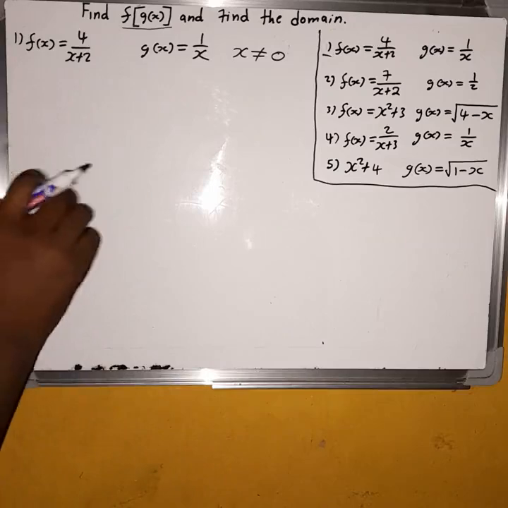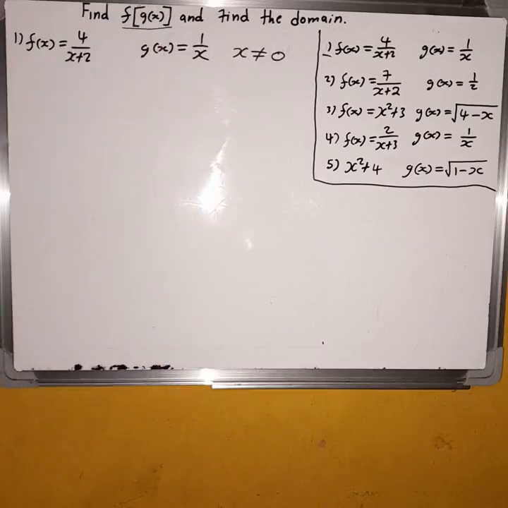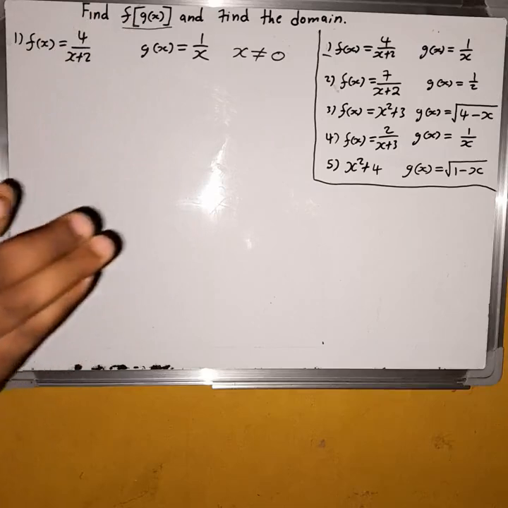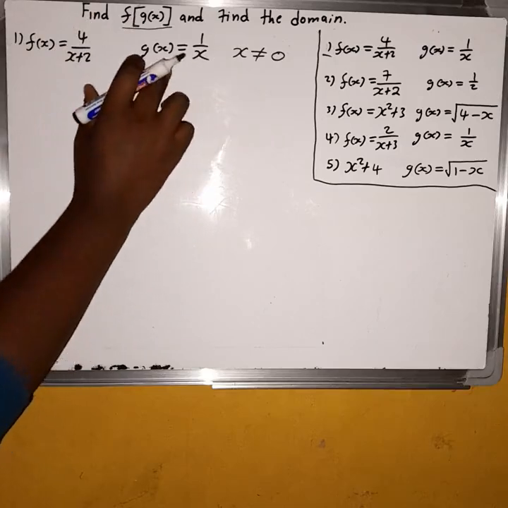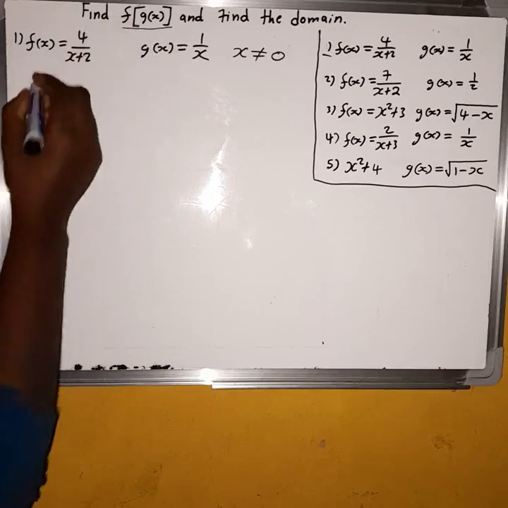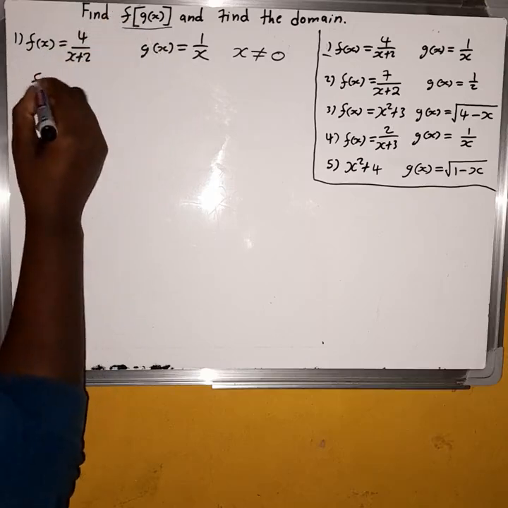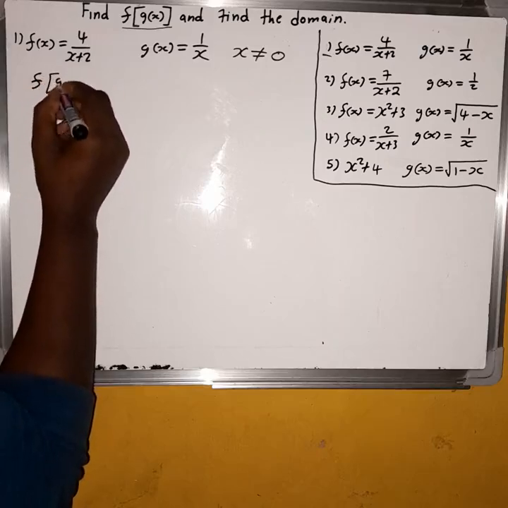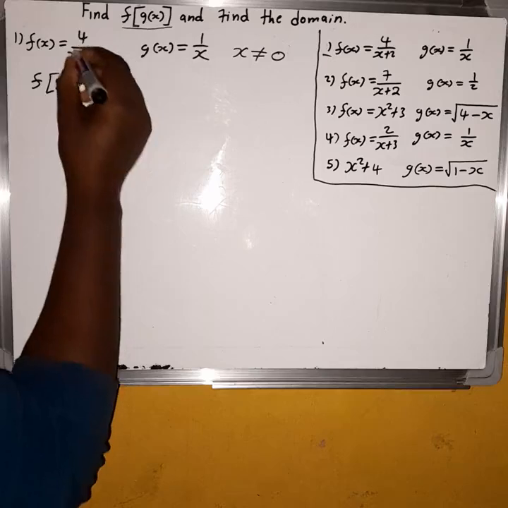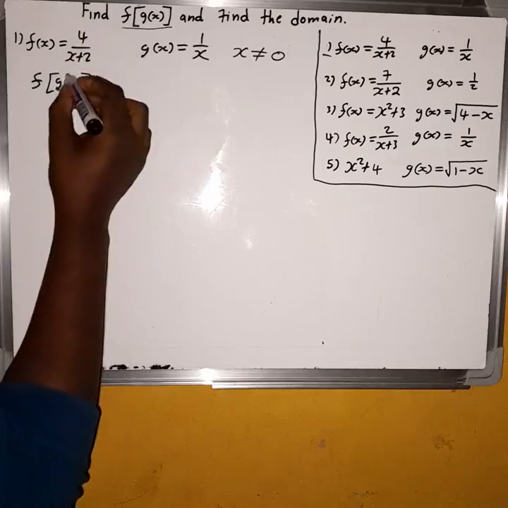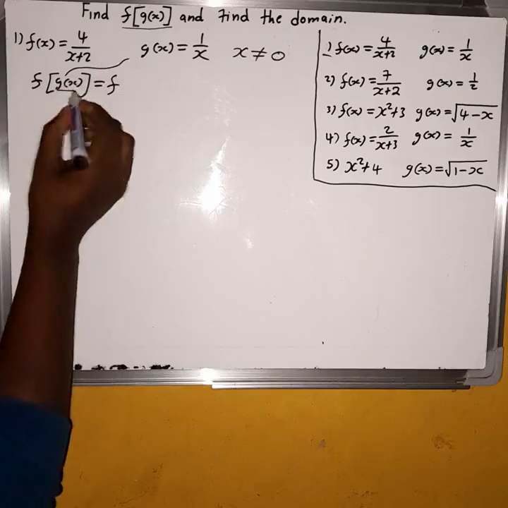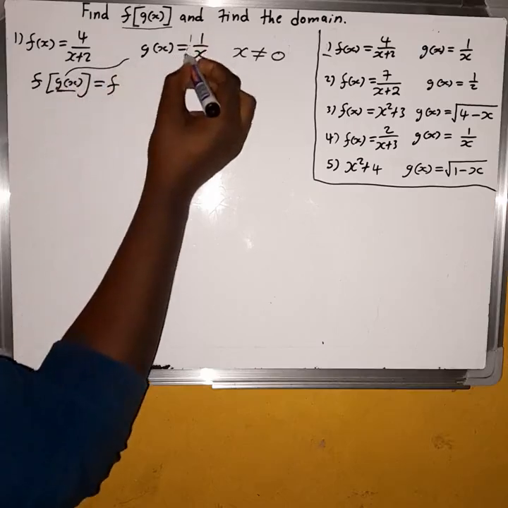When we find the domain of this, we focus on the input, not on the output. Remember, we have f of g of x is equal to, here we replace g of x.